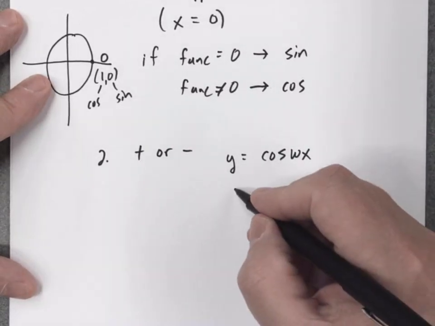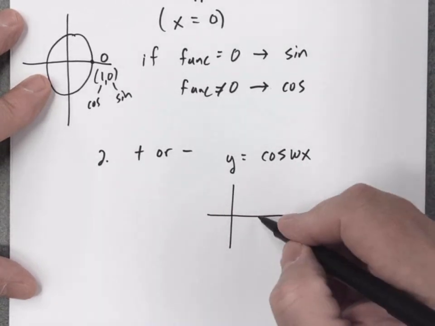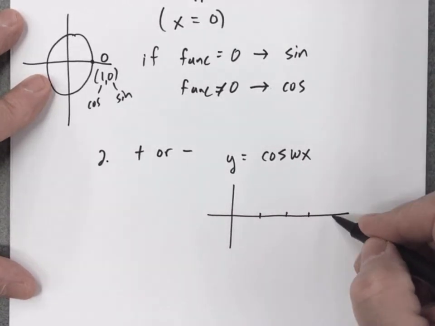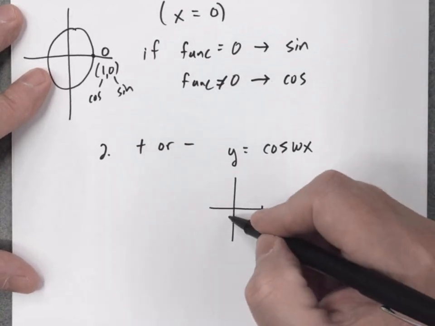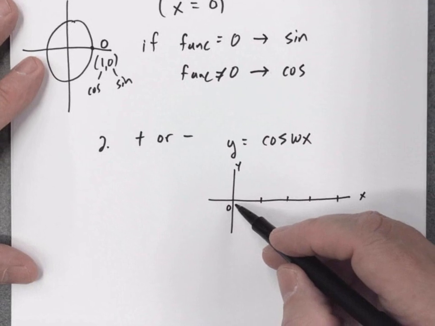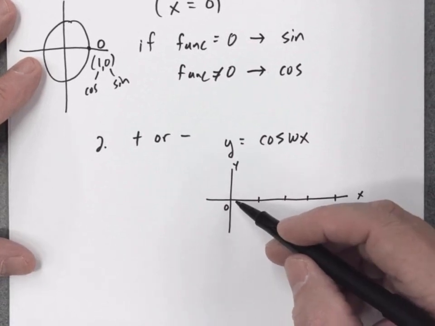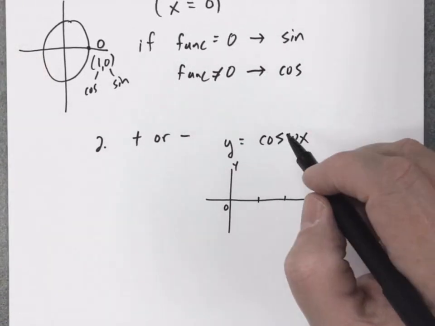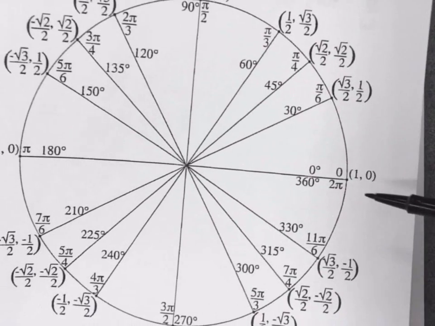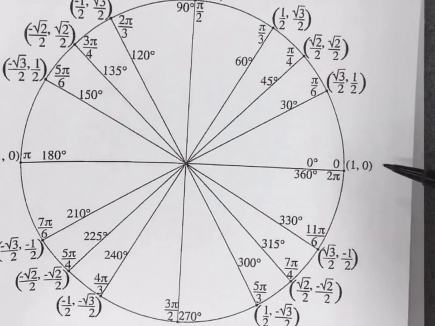And if I were to just do a quick, very typical plot of a cosine, when the angle is 0, cosine starts out... What's the cosine of a 0 angle? I found my unit circle. Angle 0 is right here. What's the cosine? It's 1.